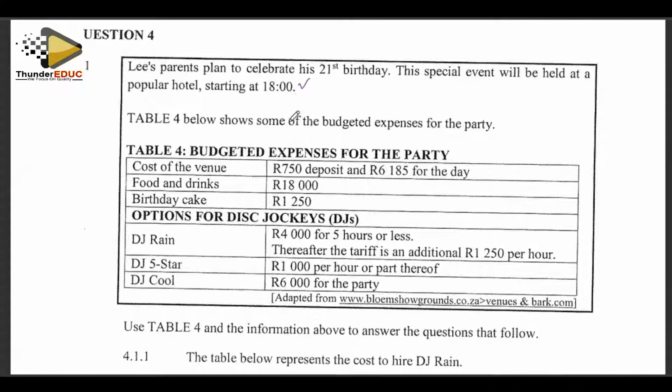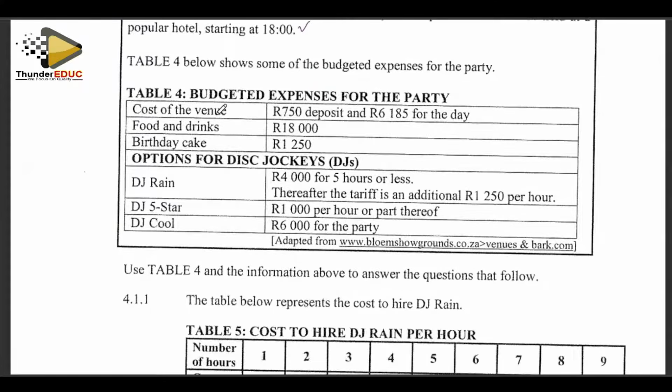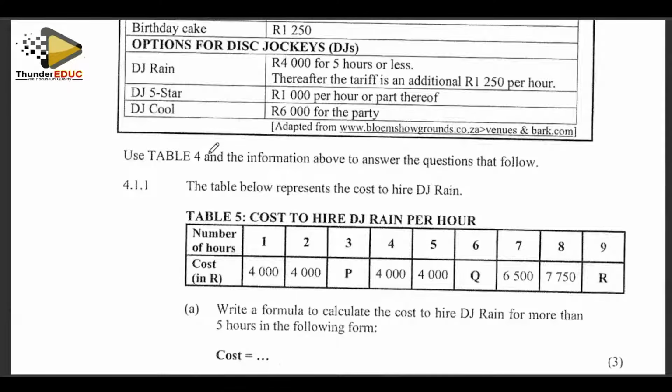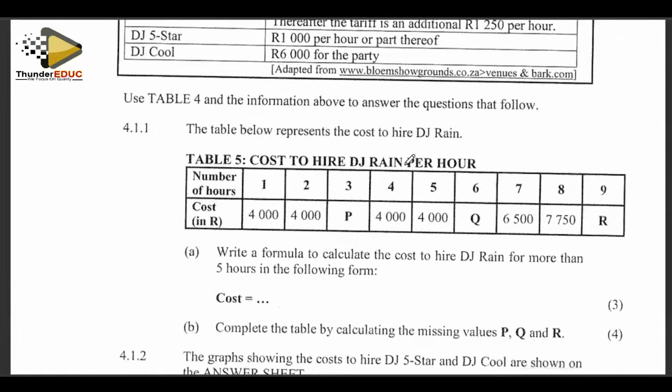Table 4, budgeted expenses for the party, whereby we have the cost of the venue, food and drinks, birthday cake, then options for the DJ, whereby we have DJ Rain, DJ 5 Star, and DJ Cool. Use table 4 and the information above, answer the questions that follow.